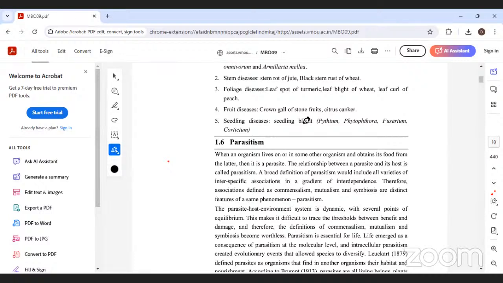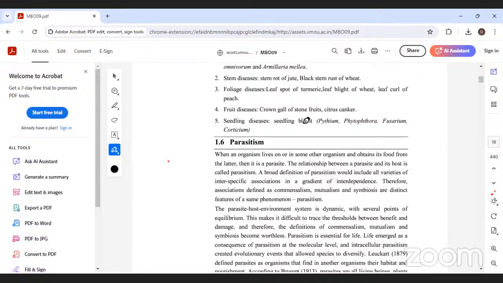Here, mostly important is depending upon the other organism. Yes or no? Depending upon the other organism. An organism lives on or in some other organism and obtains its food from the latter, then it is a parasite.